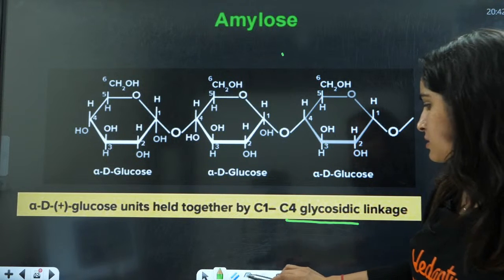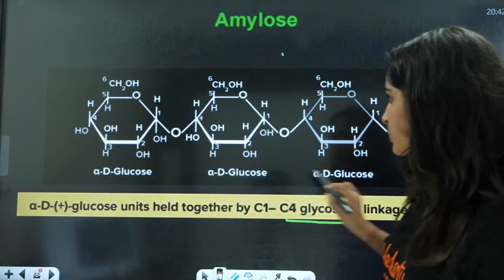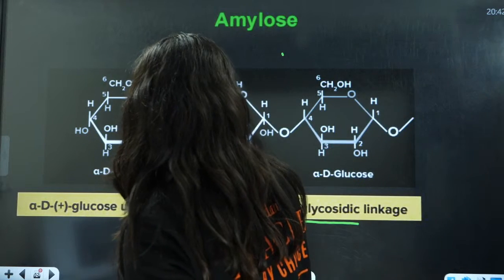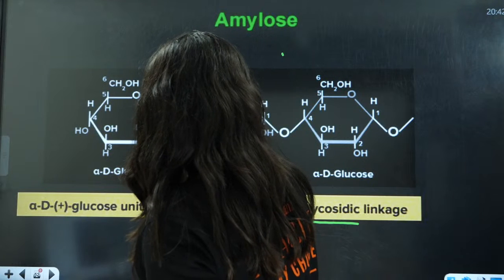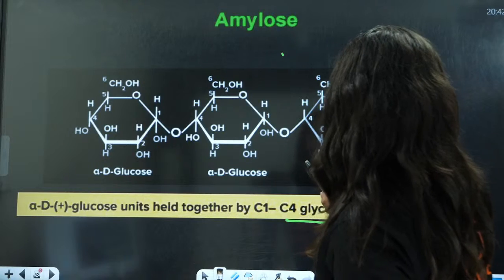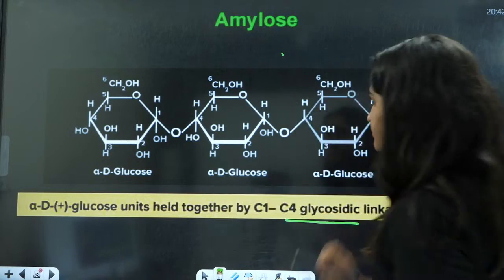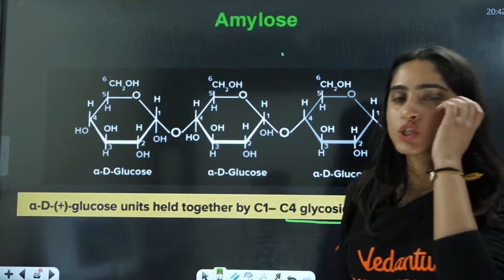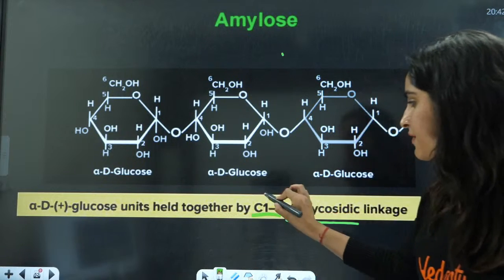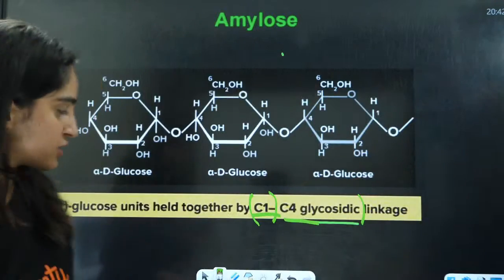Wait, this is not right. Again, I have to redraw this. This is H, right? Just one linkage, that is C1 of glucose and C4 of another glucose. There are so many linkages here.